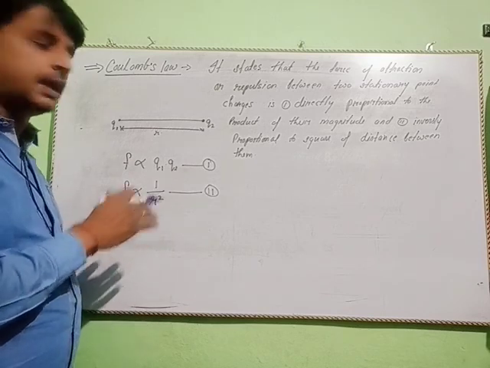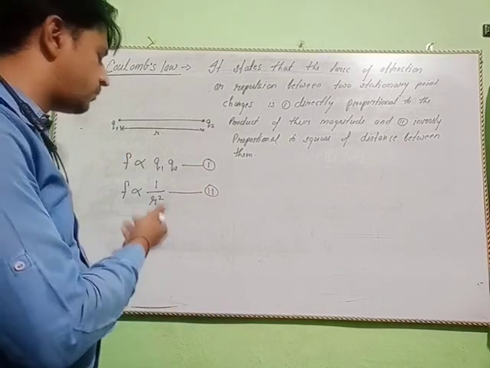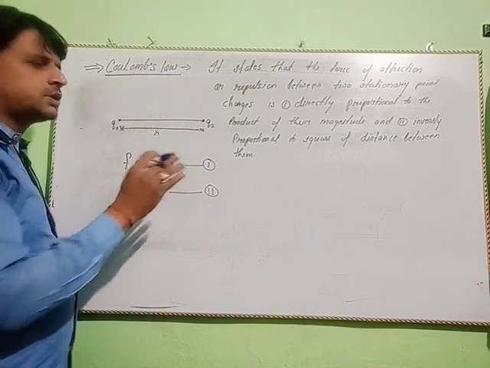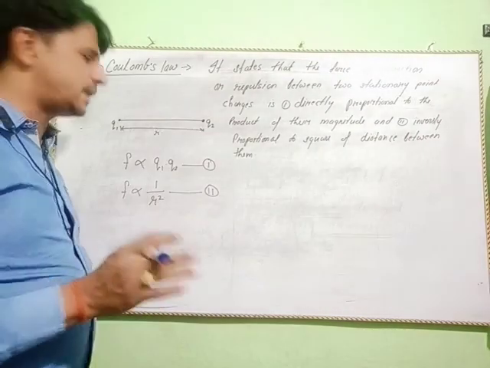Or if it is reduced to half of the original distance, what will be the effect on the force? Questions will be framed this way. So try to understand the concepts; you will solve the questions on your own after understanding the concepts.